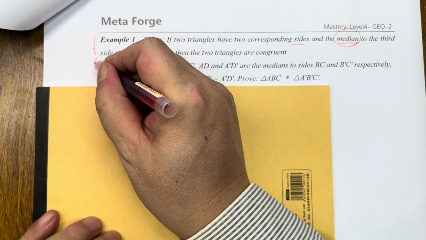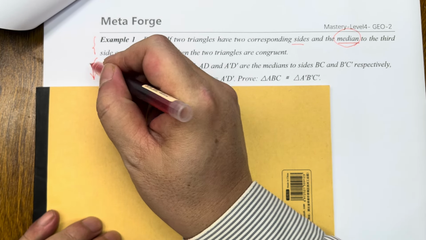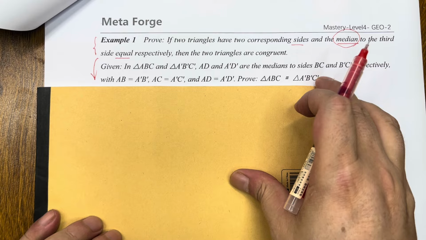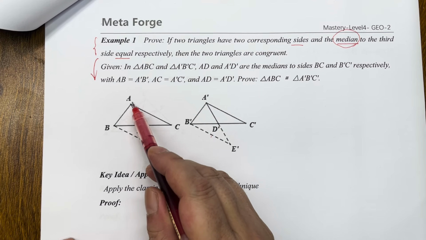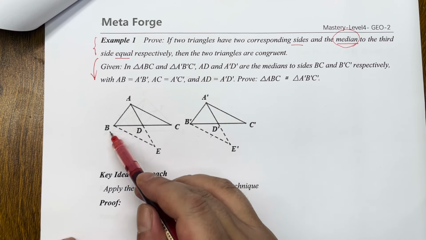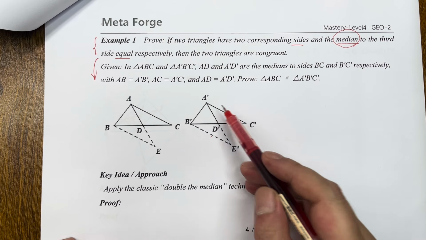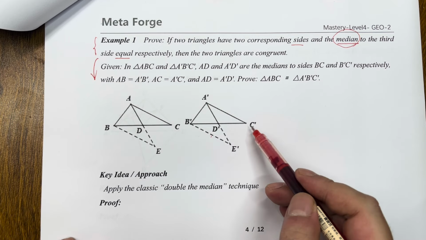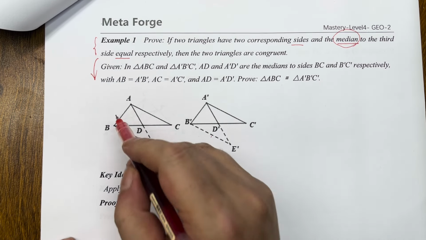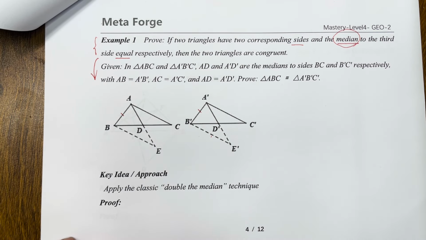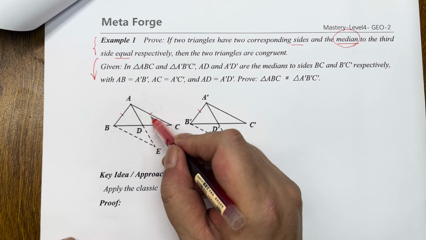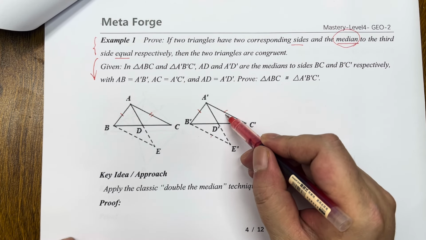Let us turn this statement into a figure, a problem, an example. There is a triangle ABC and a triangle A prime B prime C prime. This line equals this line. This line equals this line.